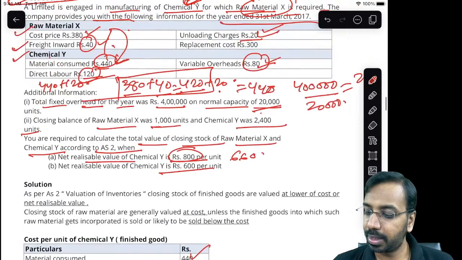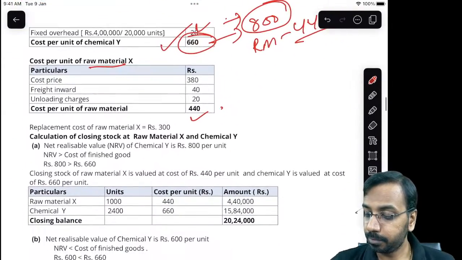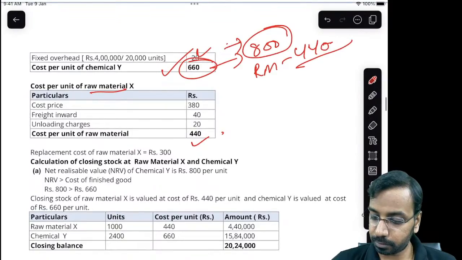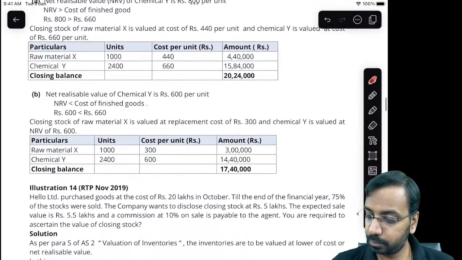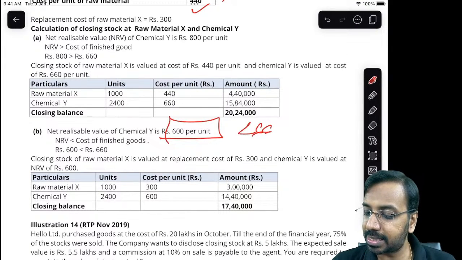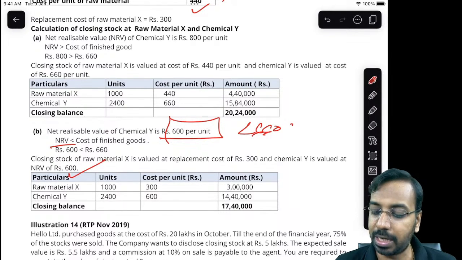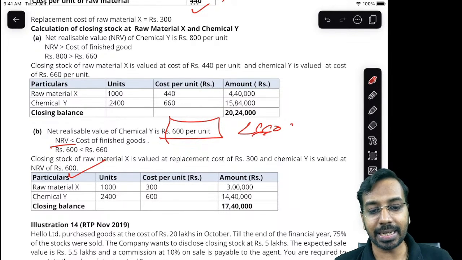Second scenario, 600. If it is 600 per unit, which is less than 660, what does that mean? NRV is less than cost of finished goods, so you will value it at 600 only. Then at what rate will you value the raw material?